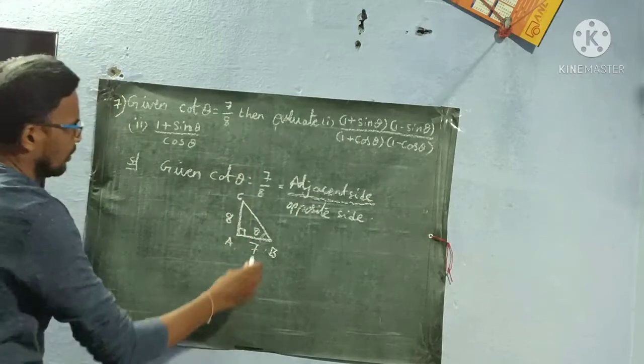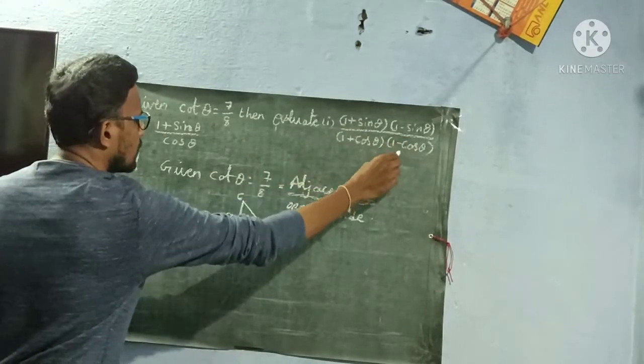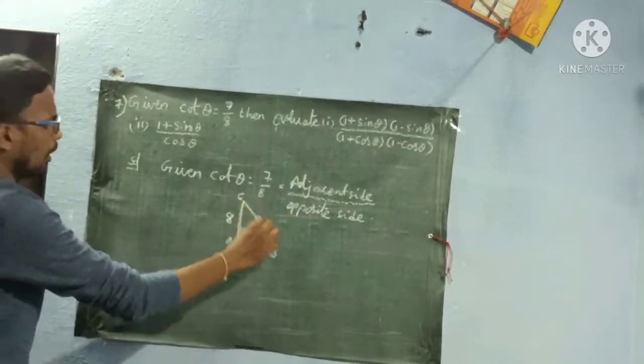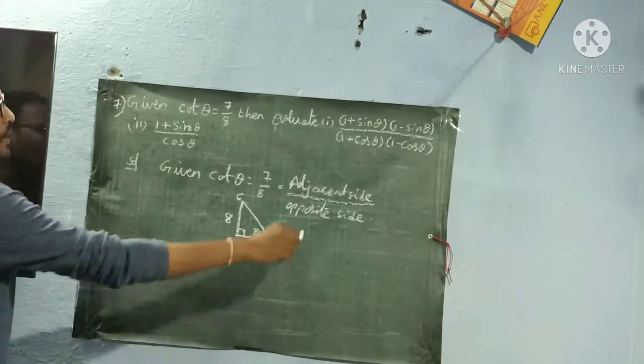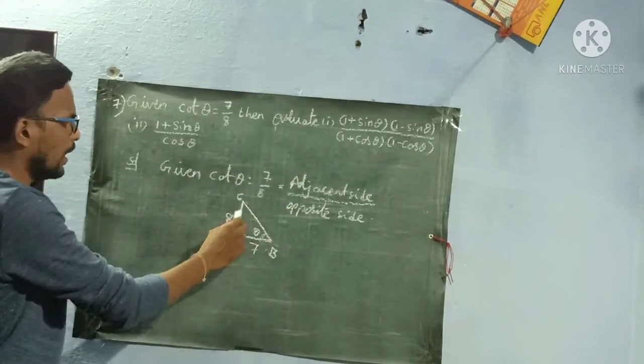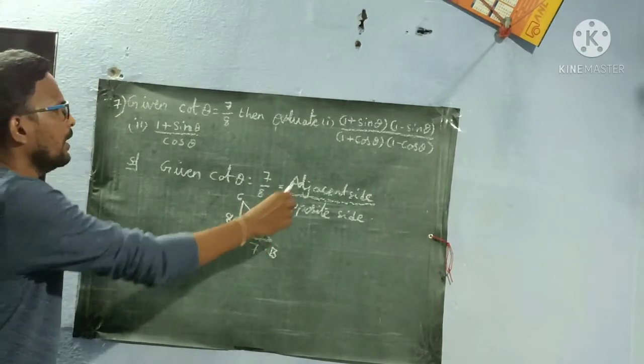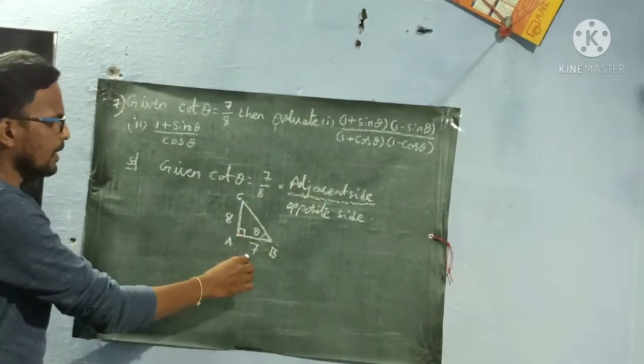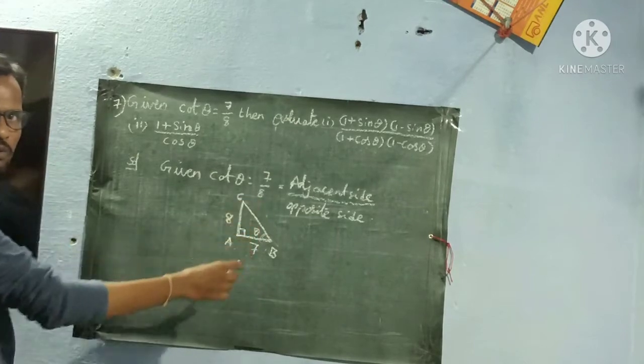Now for finding sin theta and cos theta, I definitely need the hypotenuse. Why? Because sin theta is opposite side by hypotenuse and cos theta is adjacent side by hypotenuse.